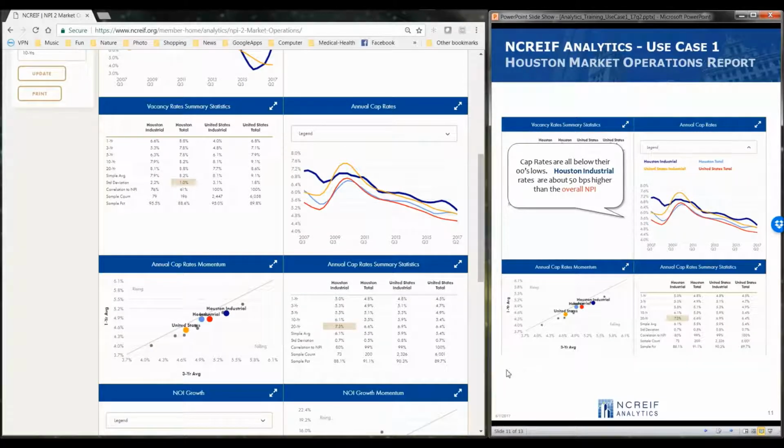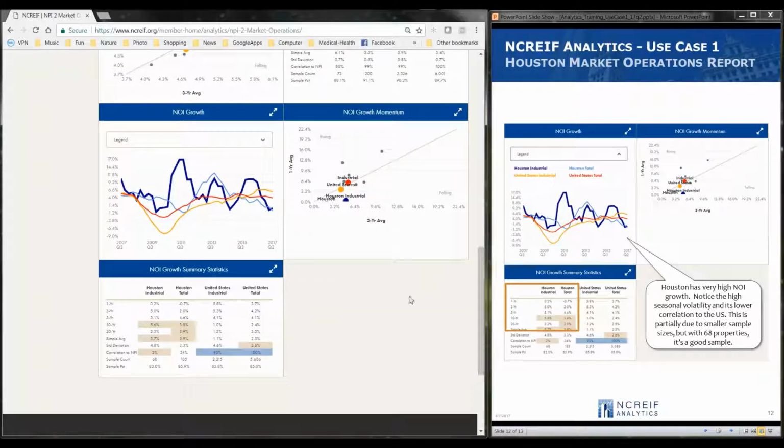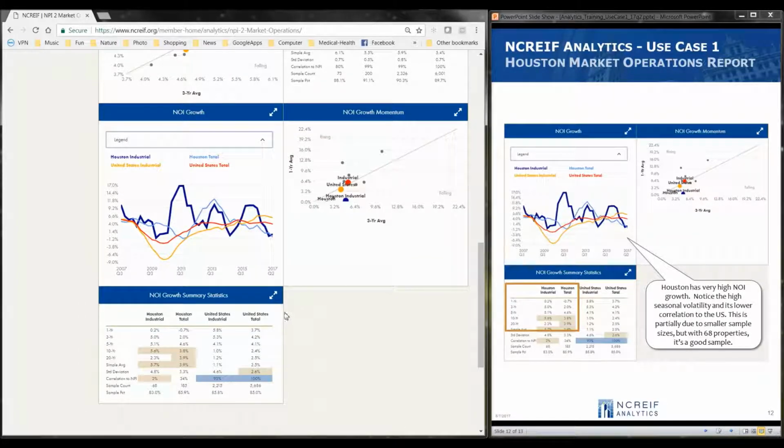Scrolling to the next section, we can look at the NOI growth of Houston Industrial. There are several things to point out here. First, NOI growth is an extremely noisy data series, and it takes several hundred properties for a very good sample. NCREIF's annual same-store growth methodology helps smooth some of this noise.